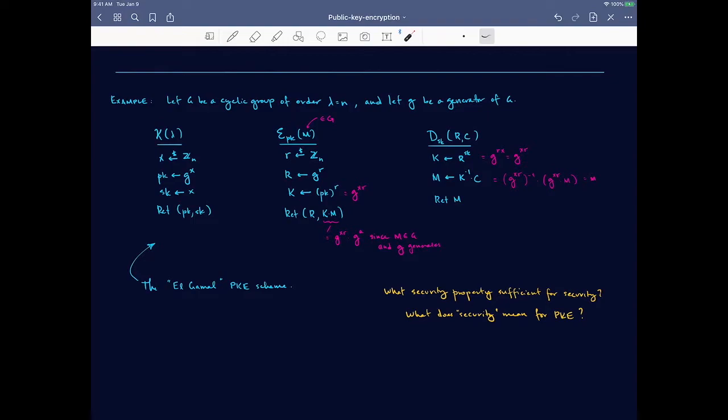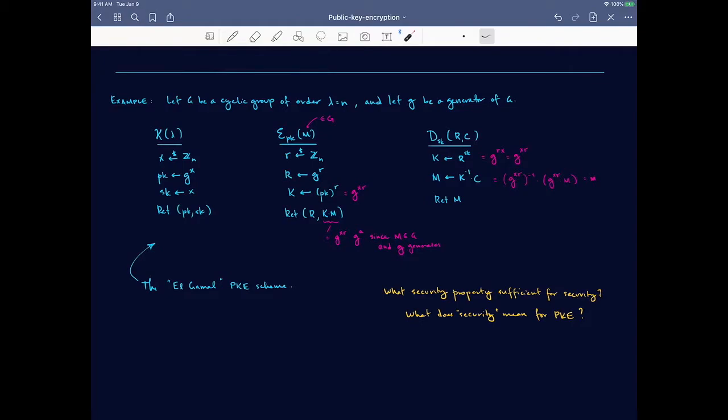If we were thinking about building El-Gamal, and we're going to reduce the security of El-Gamal to the hardness of, say, CDH, that means we're going to have to do a reduction where we have an adversary for IND-CPA for this scheme, and we're going to build from it another adversary for the CDH problem.